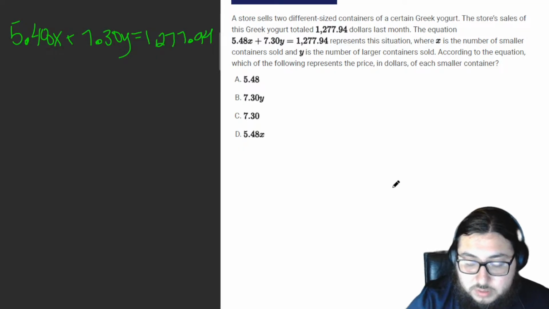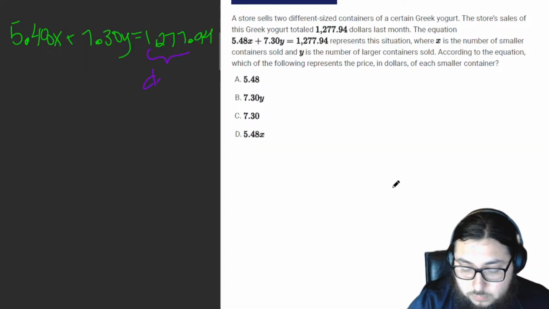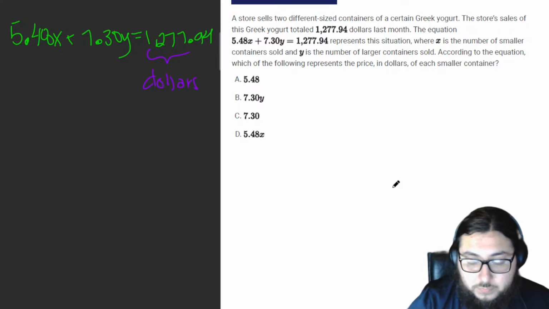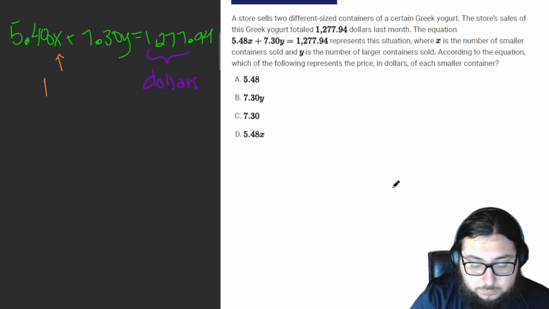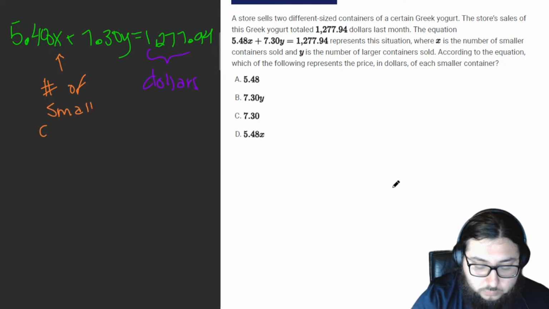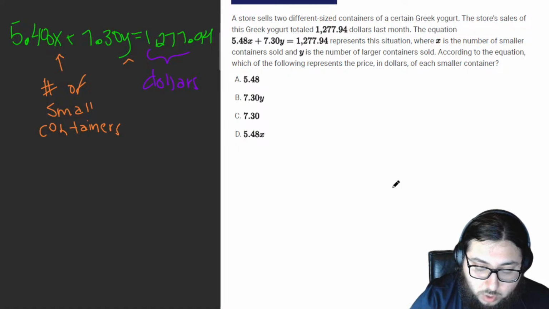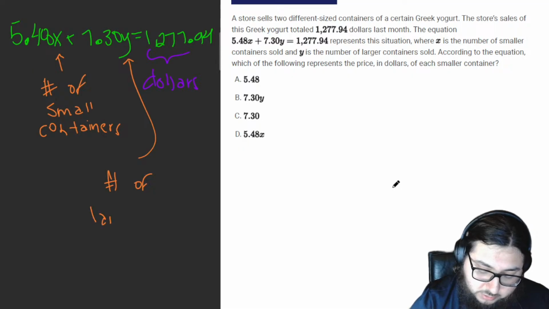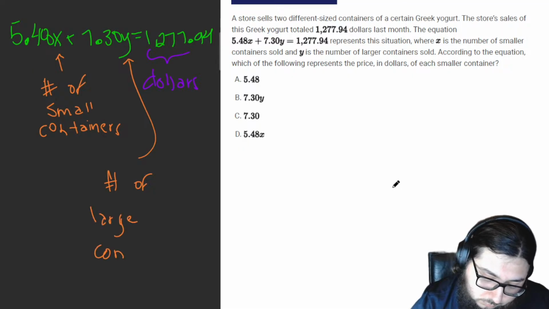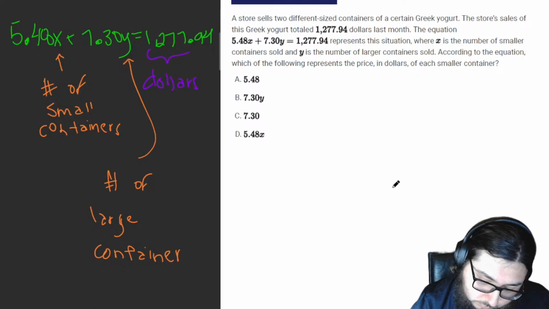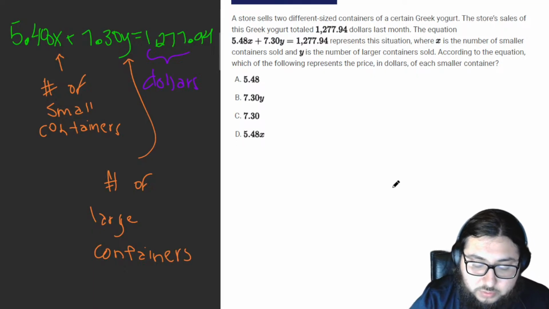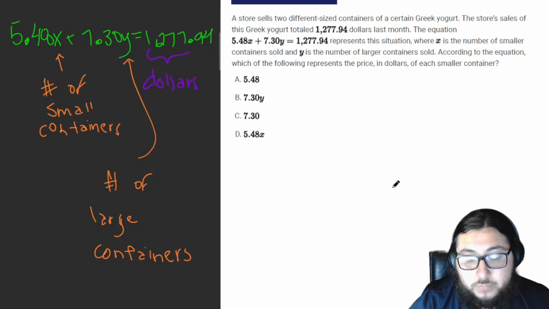You know that this right hand side has units of dollars, and that x is the number of small containers and that y is the number of large containers. So what units should 7.30 and 5.48 have?